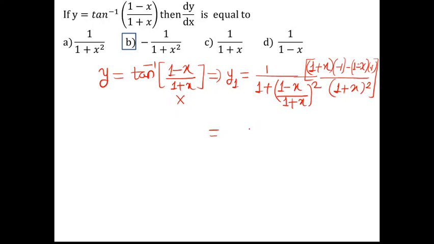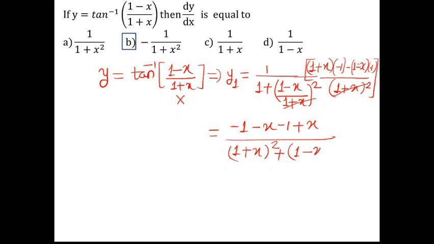Let's simplify whether simplification gives me this or not. So minus 1, then minus x, then it is minus 1, then it is plus x. Then here this (1 plus x) whole square will get cancelled, and the simplification of the denominator will be (1 plus x) whole square, then plus (1 minus x) whole square. Let's simplify this.